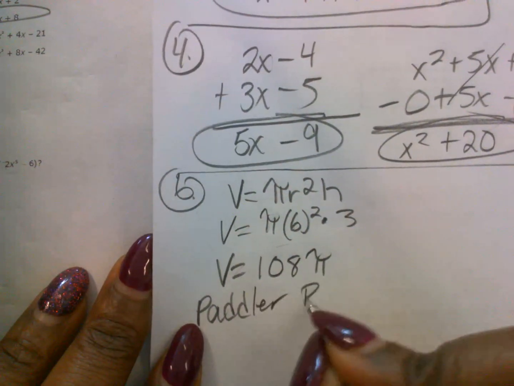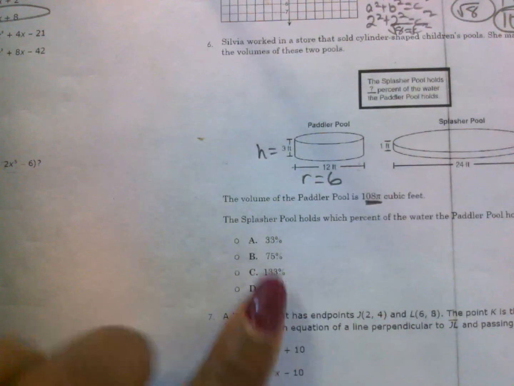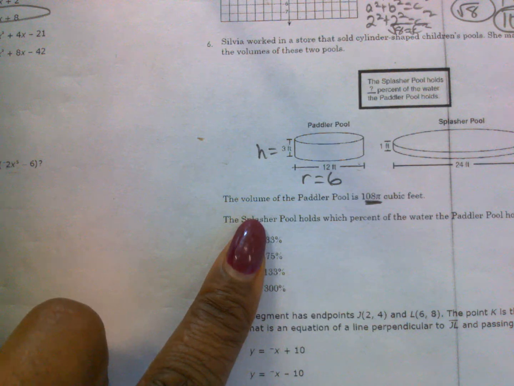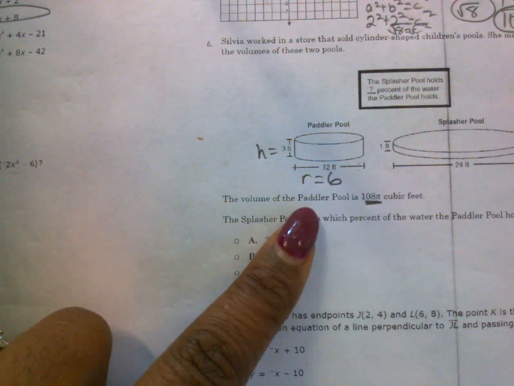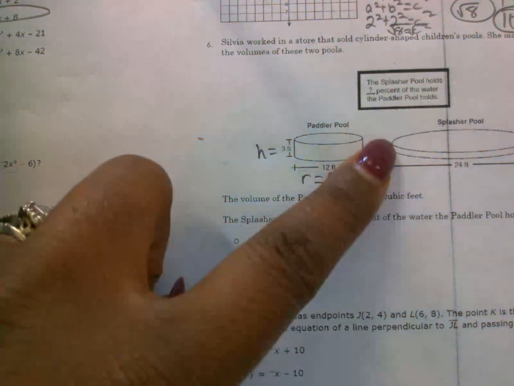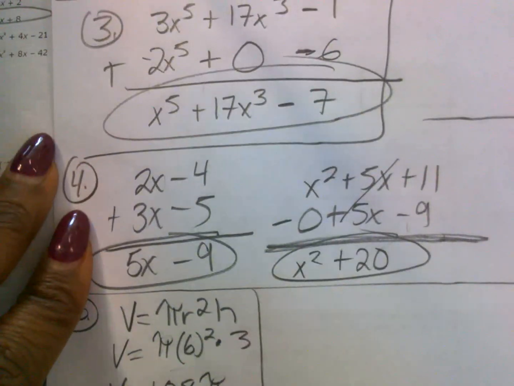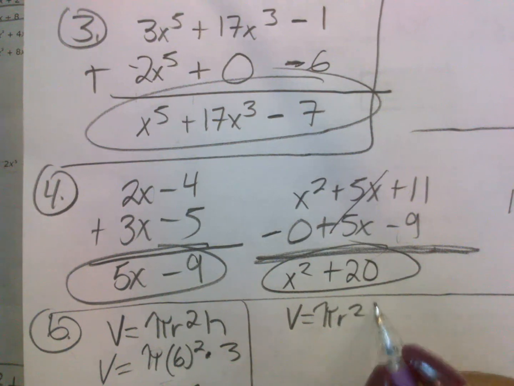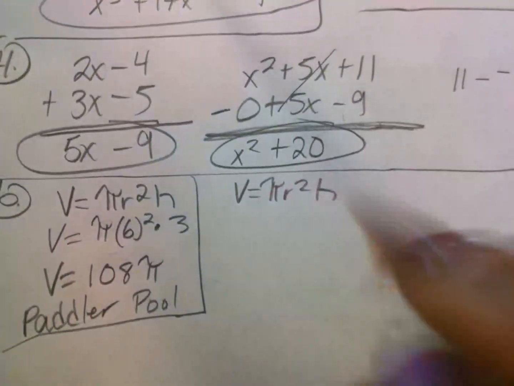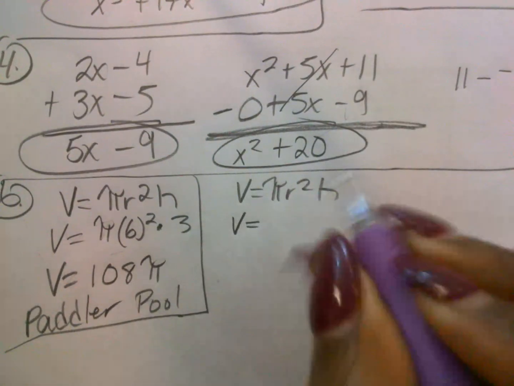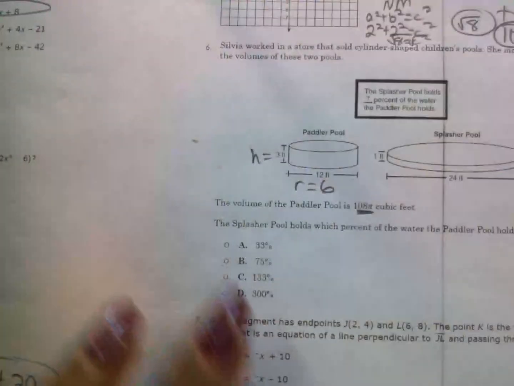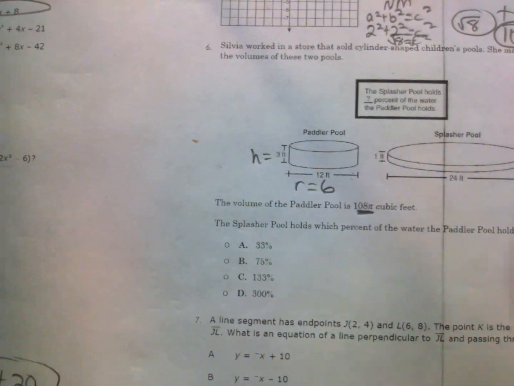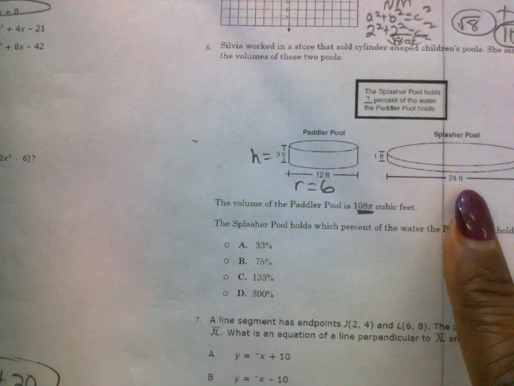Okay, so now the other pool, and they already did it for us, really. We didn't even have to do it. So let's do the other pool. Okay, the same formula. And again, we're not going to multiply pi because they're not multiplying pi here. All right. What is the radius of the second pool? 12.